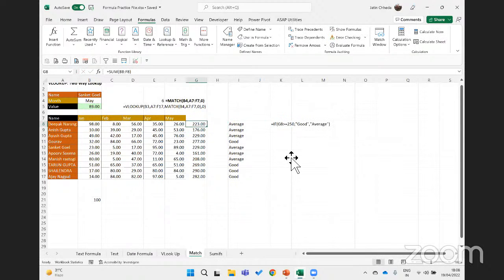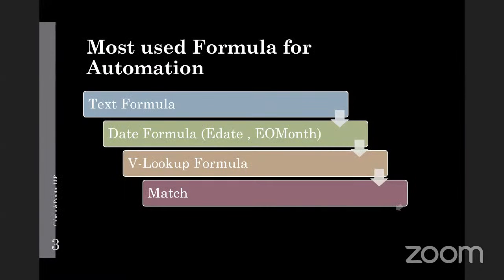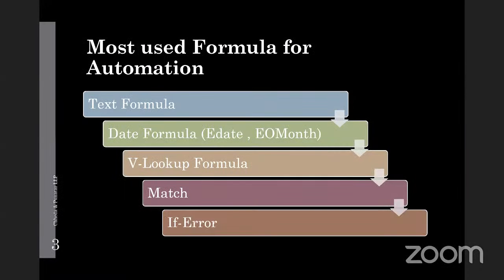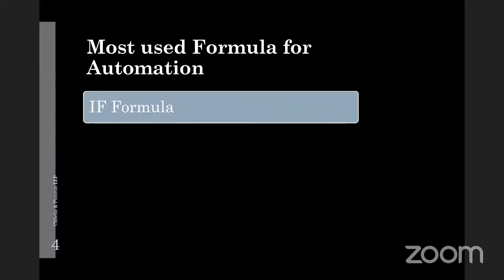If I increase this to say 126, then it will give me the good. Average, good, and everything. So this is my next formula, which is mainly used, IF formula. IFERROR we have checked. Next is IF formula.